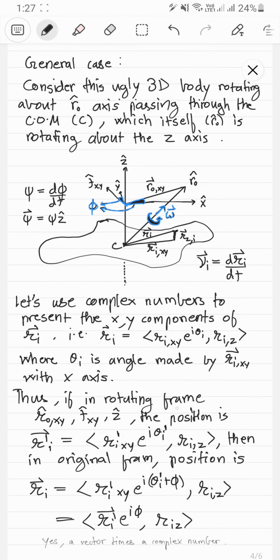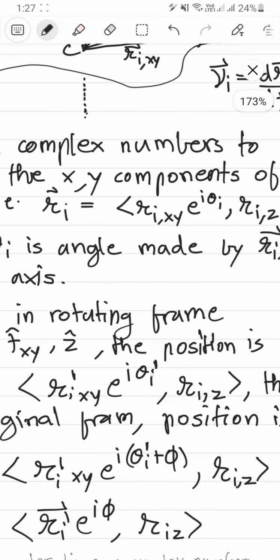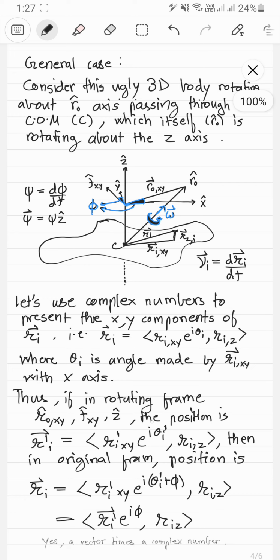Okay, then the position vector of this ith point as seen in the rotating frame, we will set that to be this thing. Okay, so theta i dash is just a new variable, the analog of what theta i would be if it was viewed from this other frame. Does that make sense?